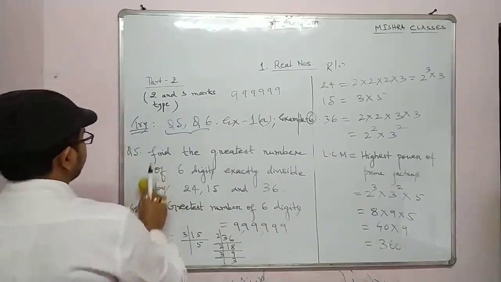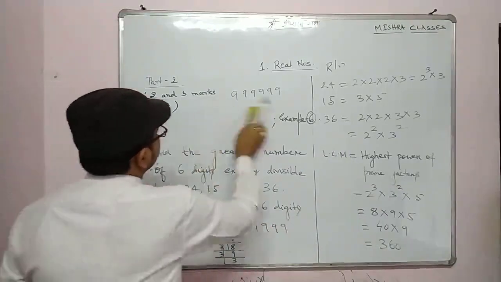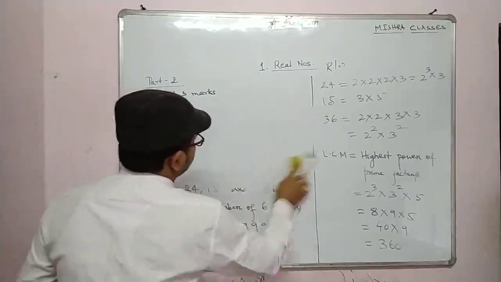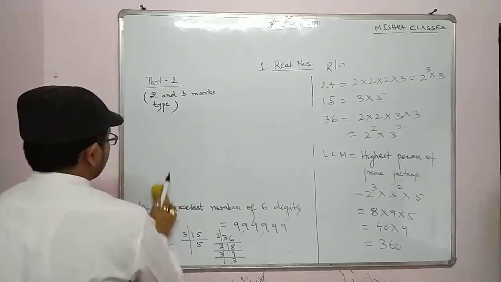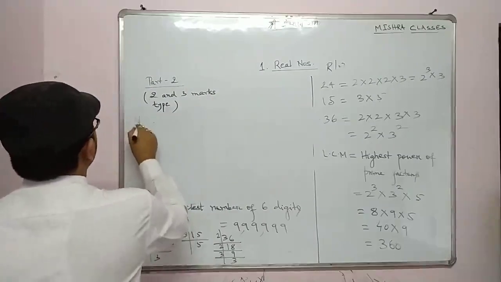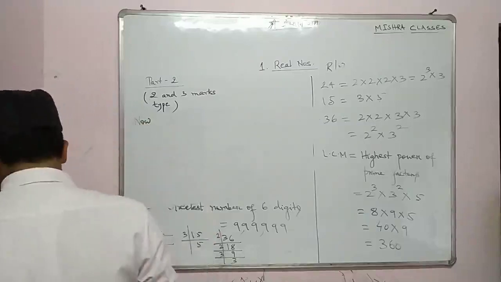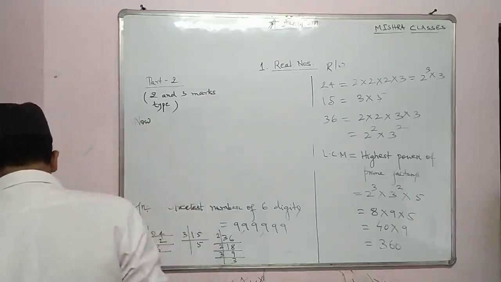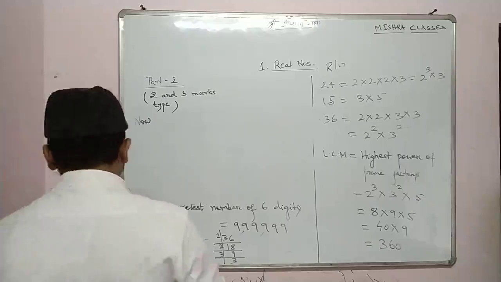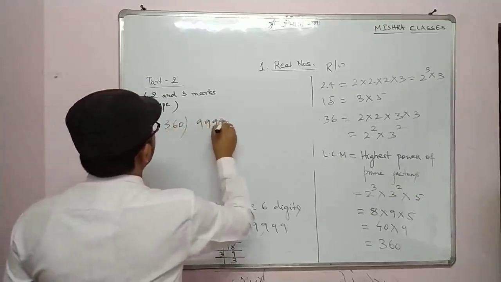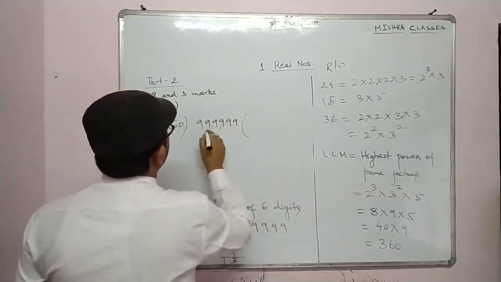So next, we'll find the HCF. 360, 3 times, 4, 5, 6 times, like this.